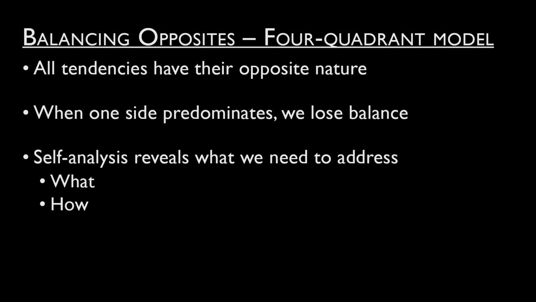When we recognize that we've lost balance, we can use self-analysis to find out what we need to address and how to do so. So this 4-quadrant model has been developed by Beena Sharma from the Vertical Development Academy. And using it is very simple.